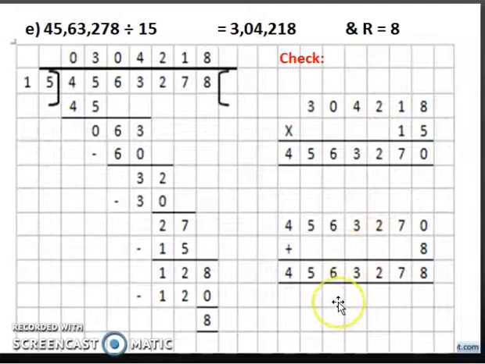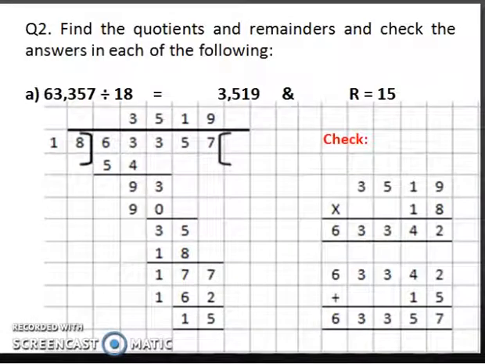You observe that you get the dividend. So your answer is correct. And in the last, just do not forget to write the quotient and the remainder. Right, children? Be very careful when you do these sums. Now, make a line. Write question number 2. Find the quotient and the remainder and check your answers.